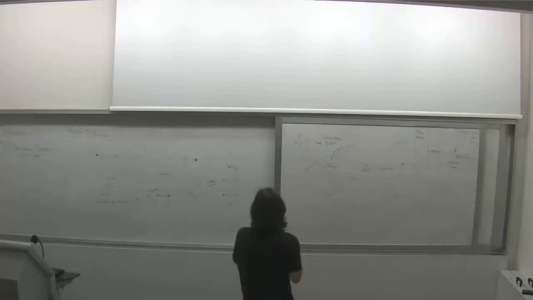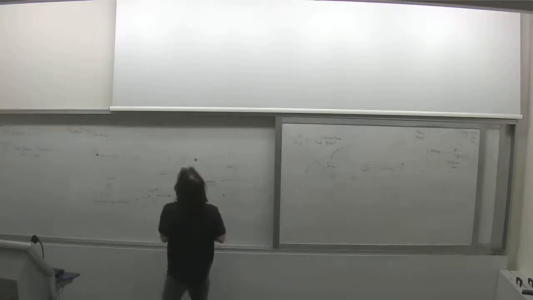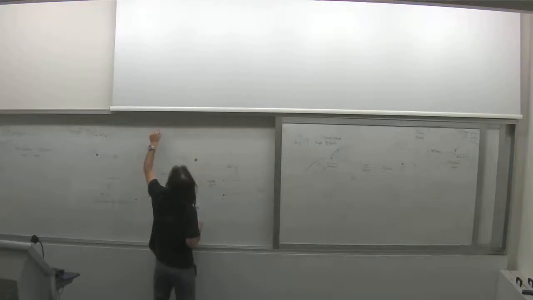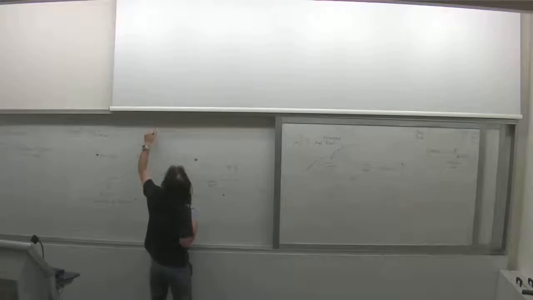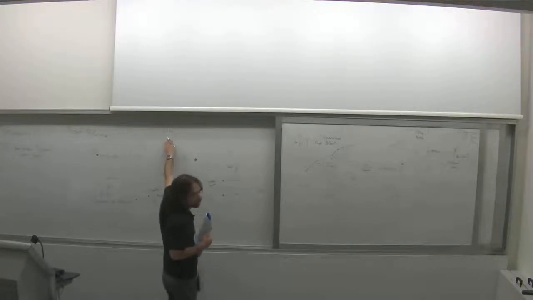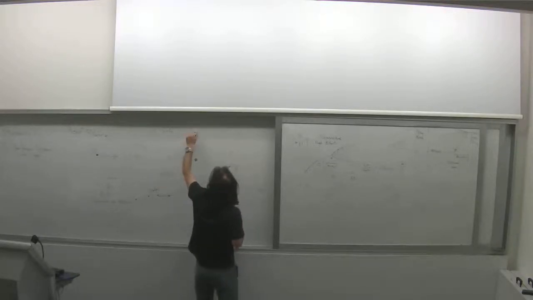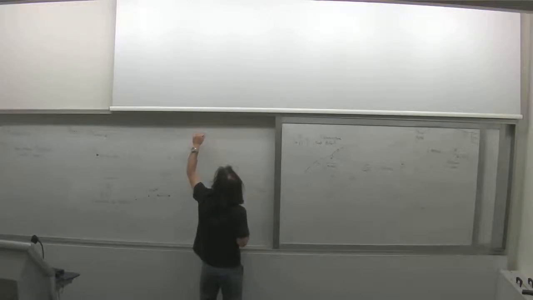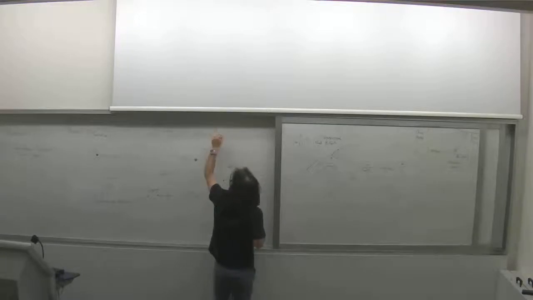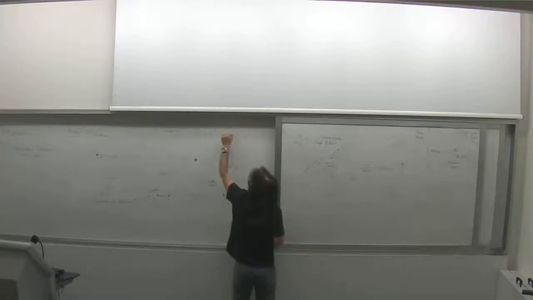Well, if the eigenvalue is a plus bi, then we know that around the fixed point x of t goes as e to the lambda t, e to the at.